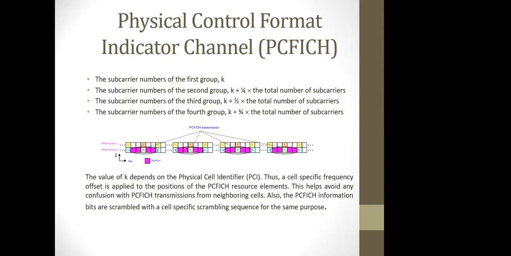If you fail to decode it, then you cannot proceed. Right in the beginning, you are blocked. You cannot process anything else. So PCFICH and the whole control information part is important. The control region may have a higher level of power for transmission.